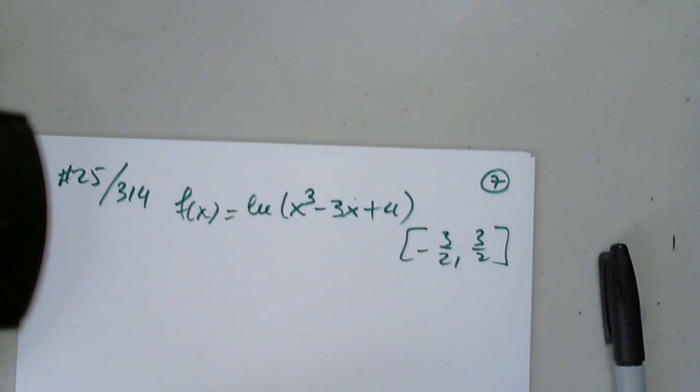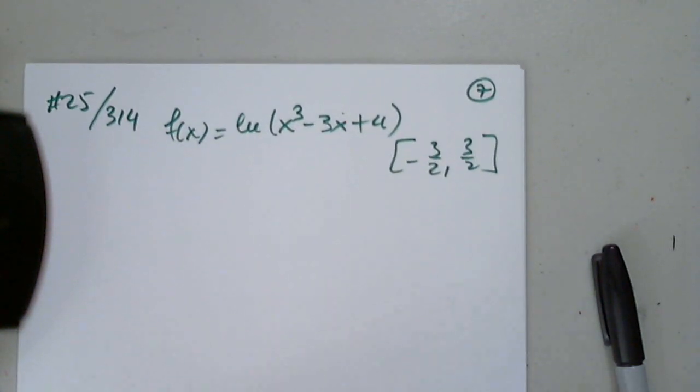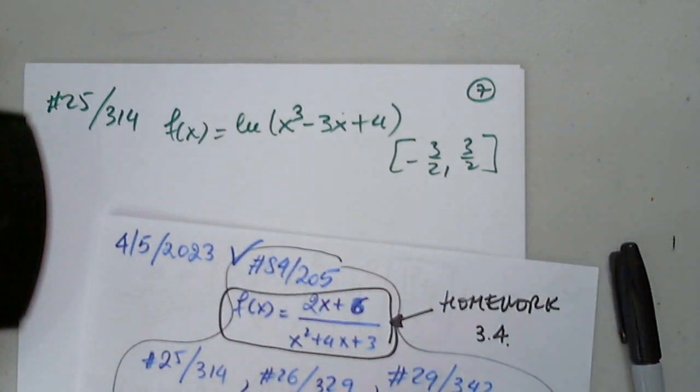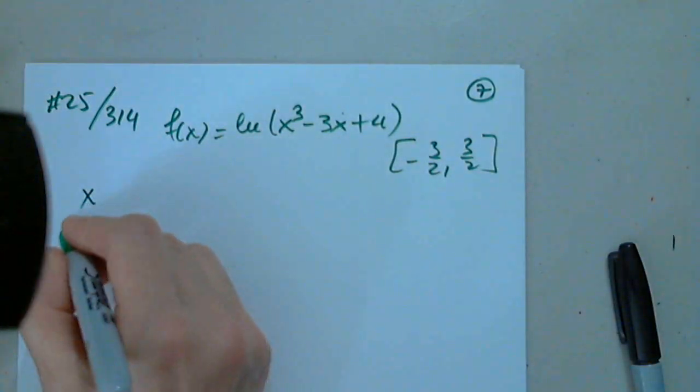Good. So what do we need to do? We're asked to find the absolute max and min on that closed interval. So here's the interval.